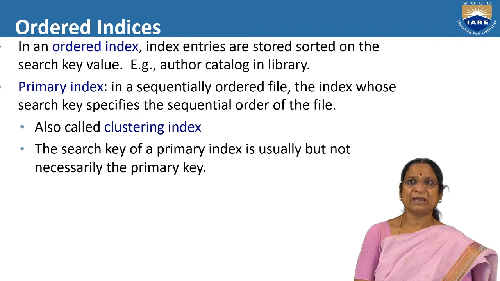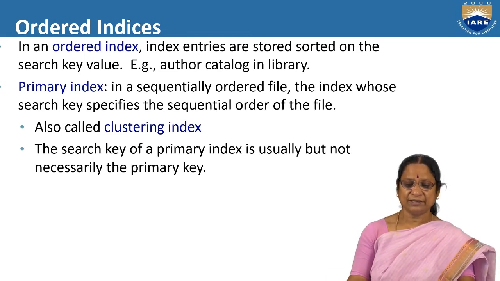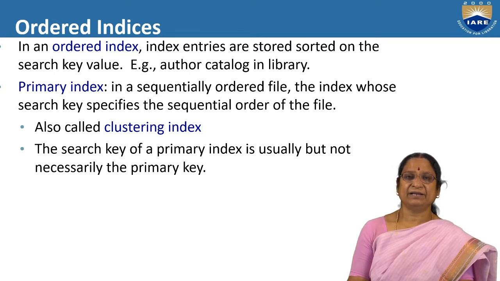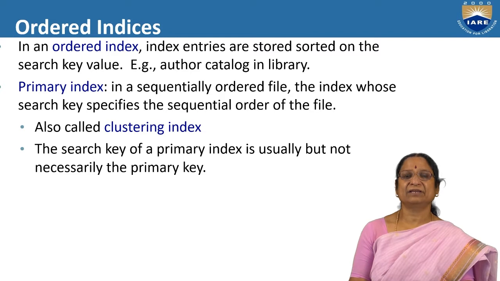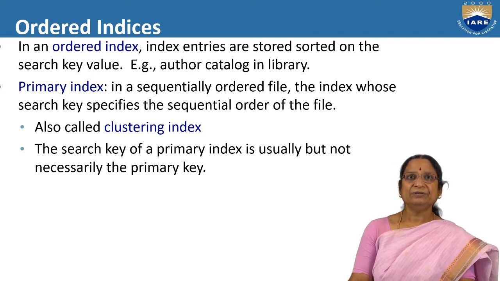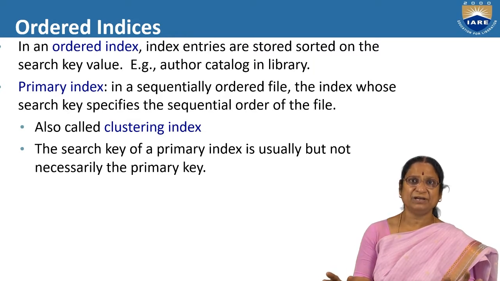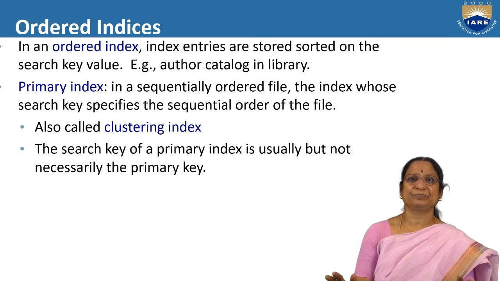The search key of a primary index is usually the primary key itself, but not necessarily. For example, when we are arranging our data in a table, if any one of the attributes is a primary key, defined as an integrity constraint, then automatically our data will be stored according to the primary key order.